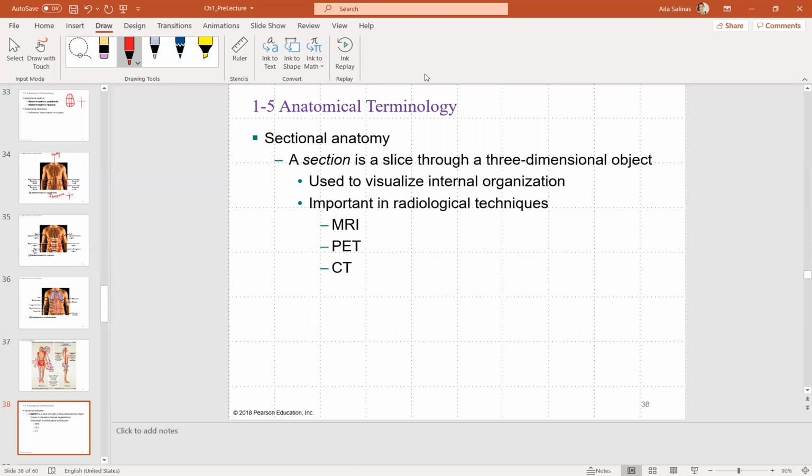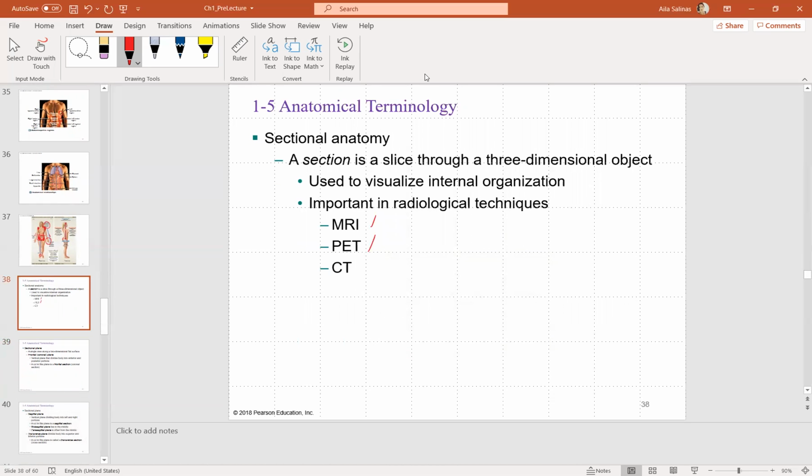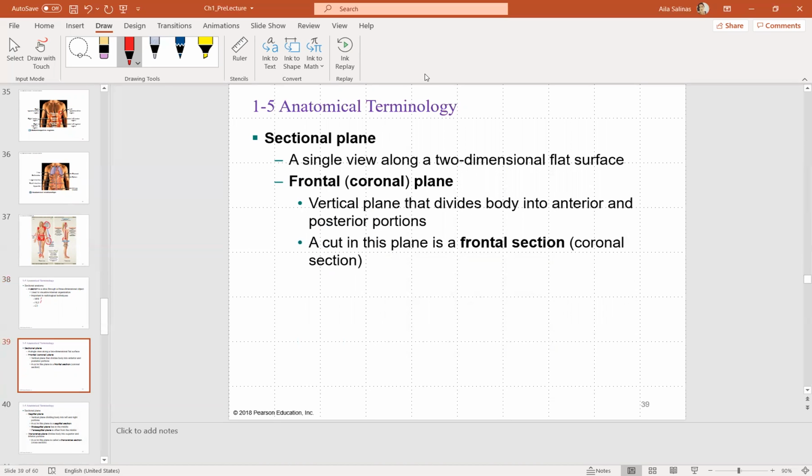A section is just a slice of a three-dimensional object that we use to visualize the internal organization of the organs, and some techniques that we are going to see a lot to study anatomy and physiology are the MRIs, the PET scans, the CAT scans. So every time in anatomy I refer to a section, I refer to a portion, a slice of an organ or an image that we are studying.